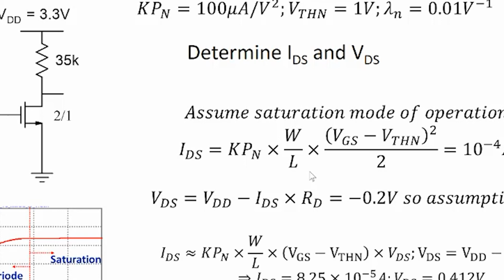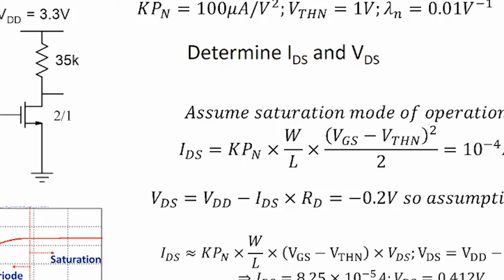So next we use an expression for linear. The linear expression is Kpn W by L (VGS minus VTH) times VDS, and VDS is VDD minus IDS RD. So we solve these two equations together. These are simple linear equations. We obtain IDS is 8.25 times 10^-5 amperes, VDS is 0.412.